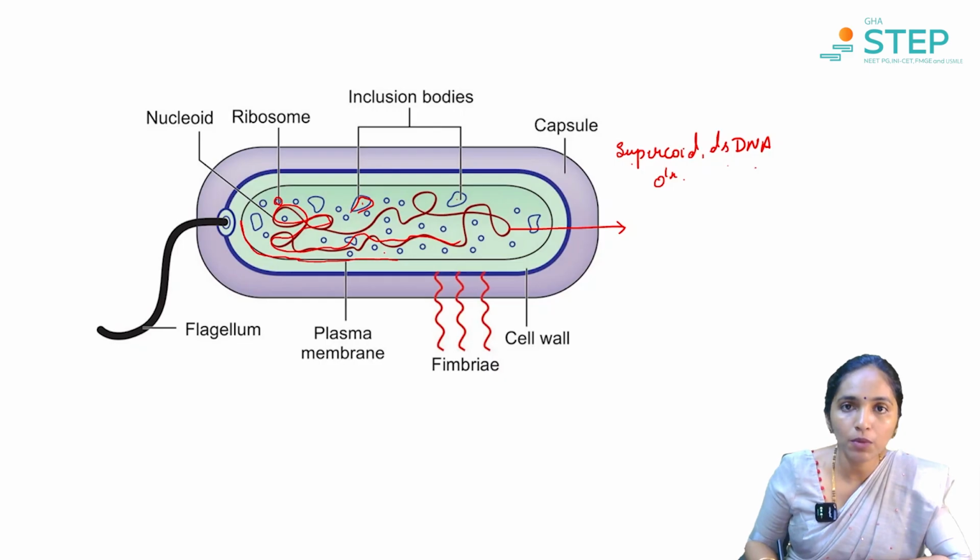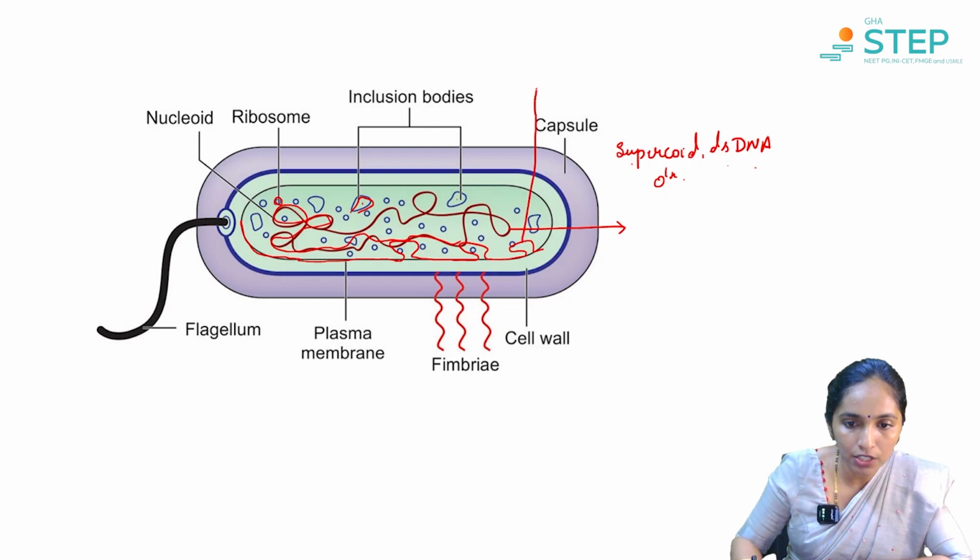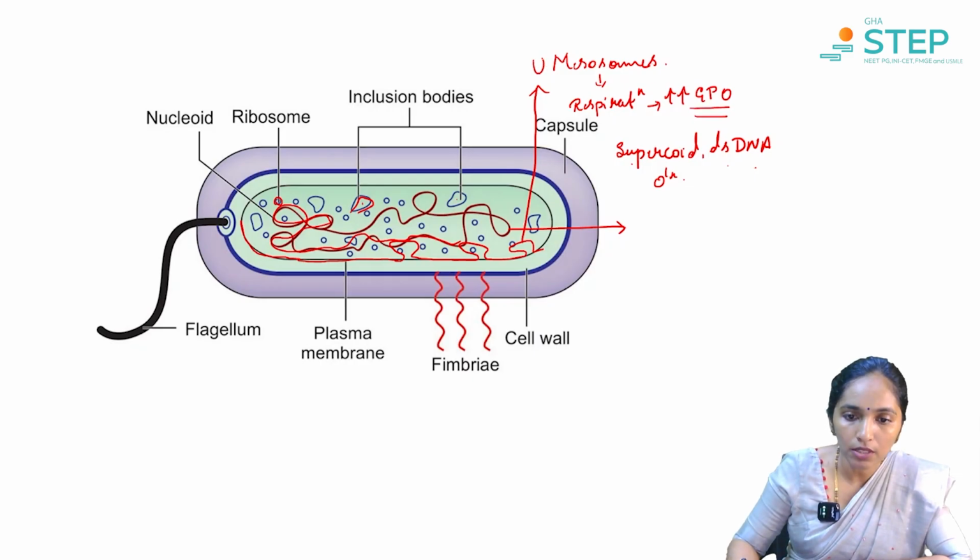At points, this plasma membrane can show invaginations like this, and these invaginations of the plasma membrane are called mesosomes. Mesosomes are involved in respiration of the bacterial cell, and they are more in quantity in gram-positive organisms. All these are potential questions, where they are more in number in gram-positive organisms.